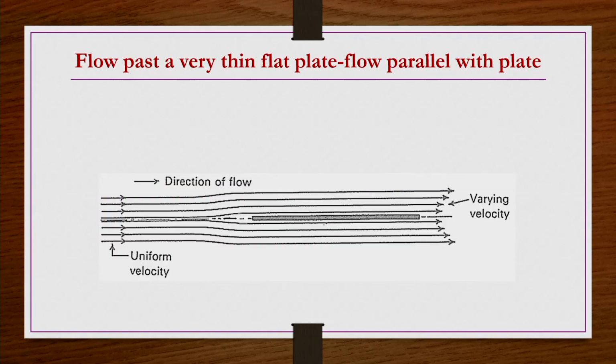Pictorially, if we have a thin plate like this, the fluid is coming from left to right with a uniform velocity. The direction of flow is left to right in the horizontal direction.